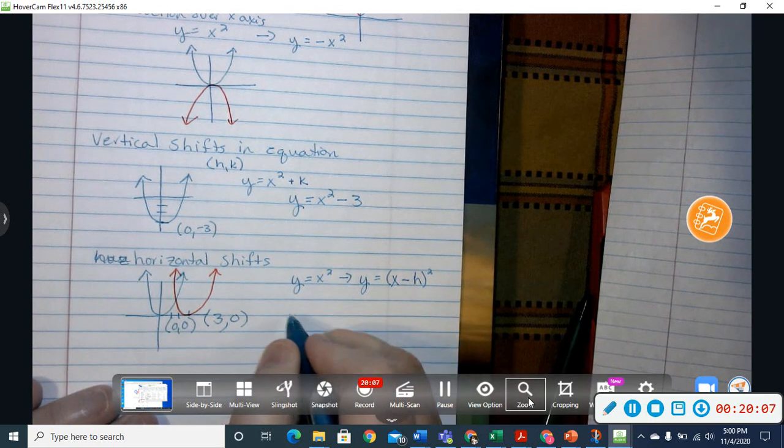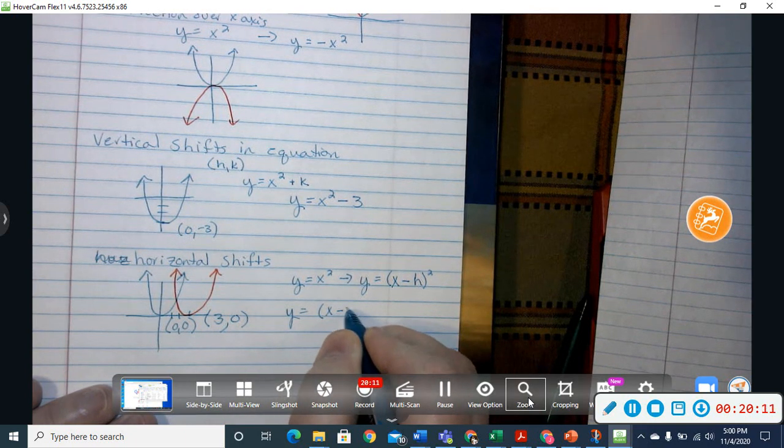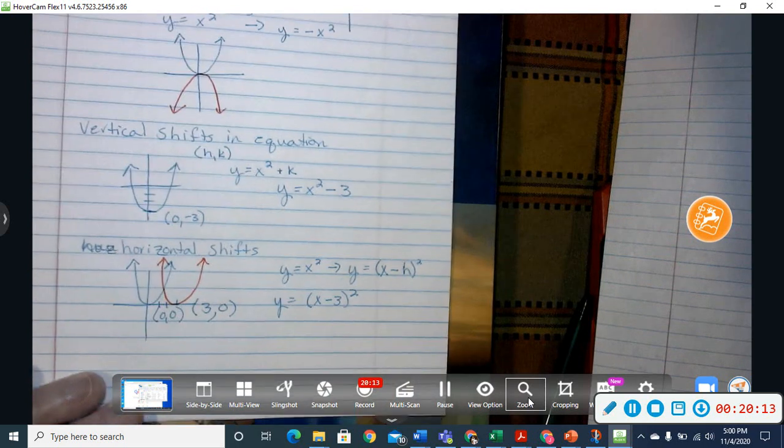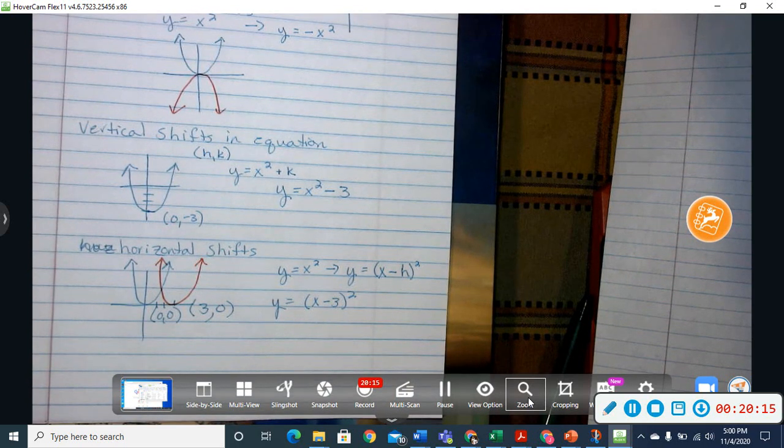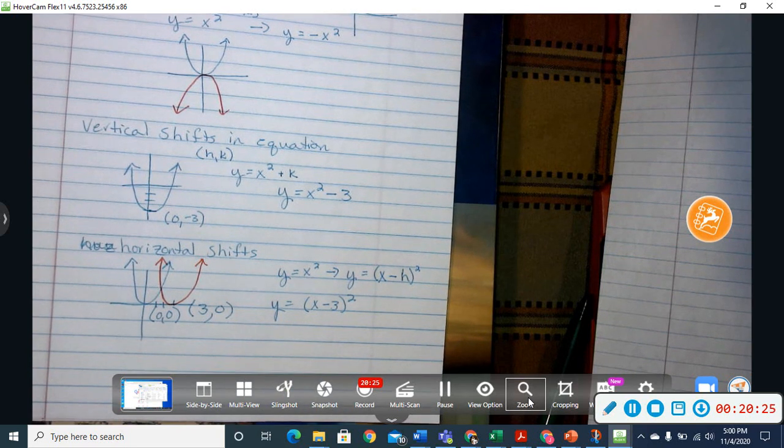So that becomes y equals x minus 3 squared in our equation. So in reverse, when we see an equation that has x minus 3, we have to remember that that movement was opposite that sign. It actually shifted to the right, not to the left.